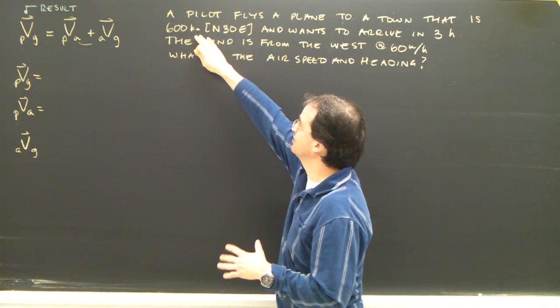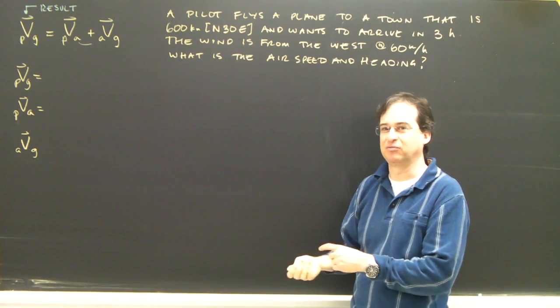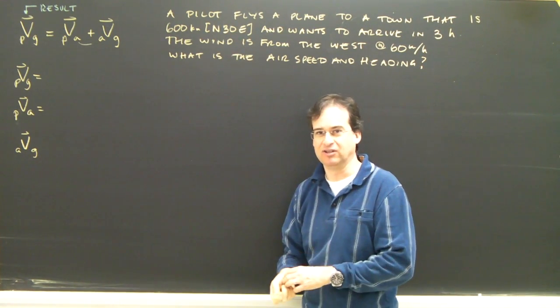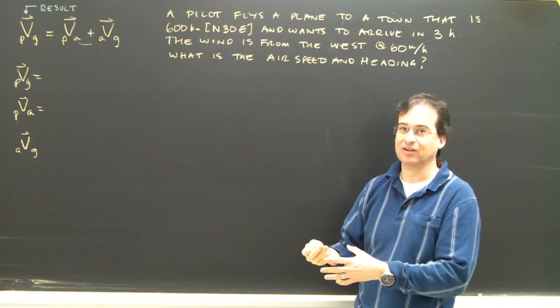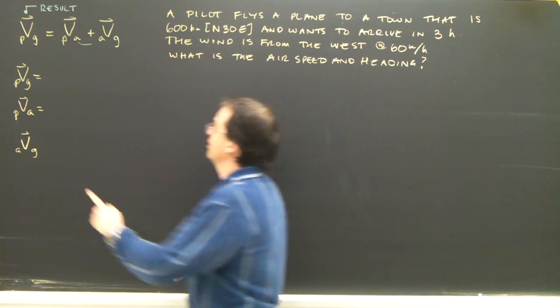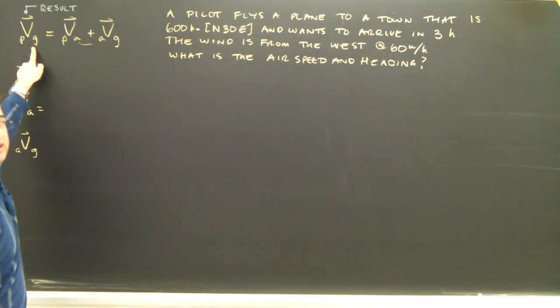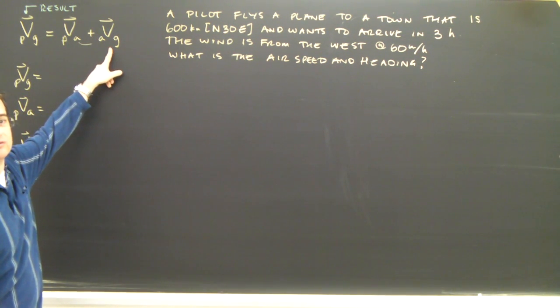The town is 600 kilometers away, and it's north 30 degrees east, and we want to be there in 3 hours. So that implies a velocity. If I know where a place is and how long I want to take to get there, then there must be a specific velocity required to get there. So in my equation, this is what the plane is doing, this is the result. The plane is flying and the air is moving.